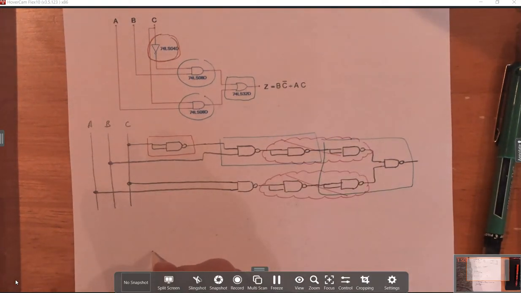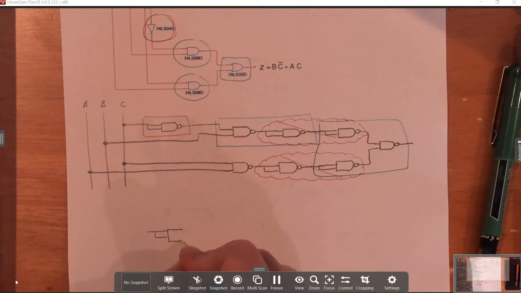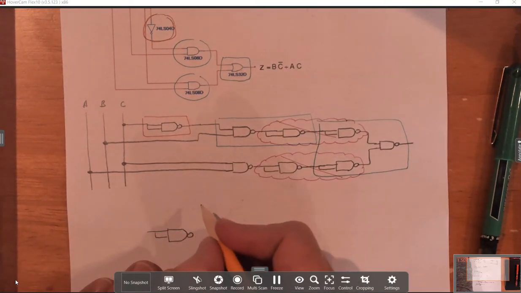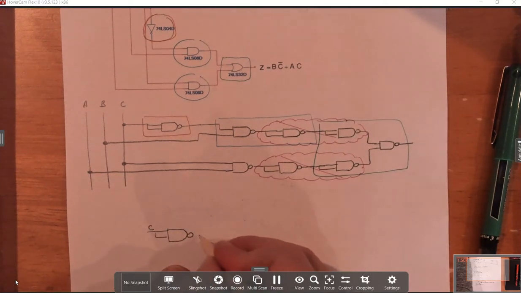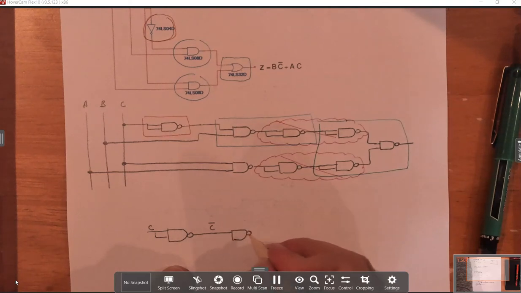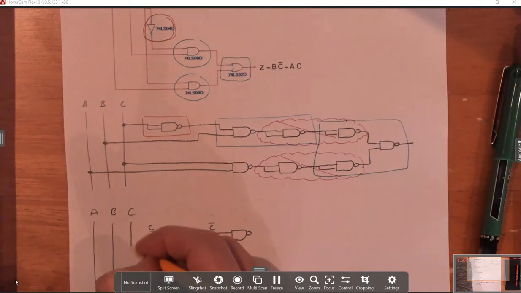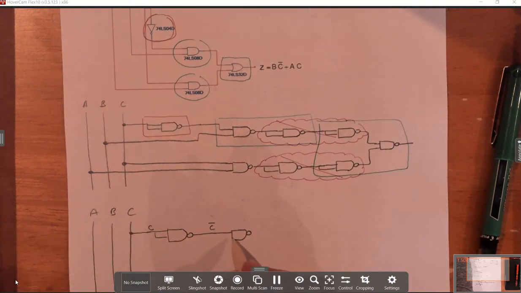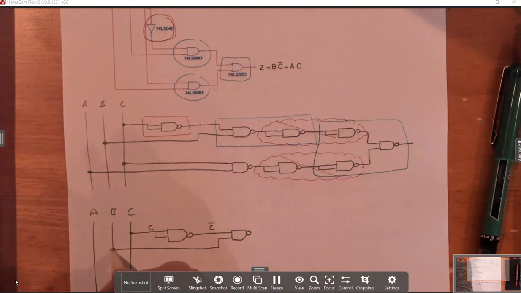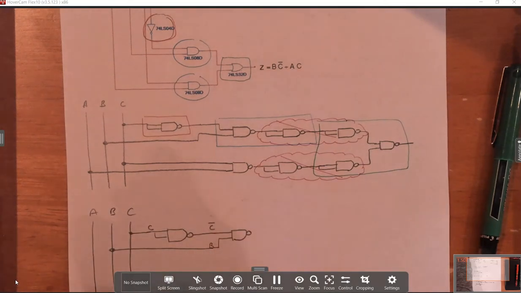So it looks like we're going to have this, and that's C. That becomes not C. This is B. This is A and C going into another AND.